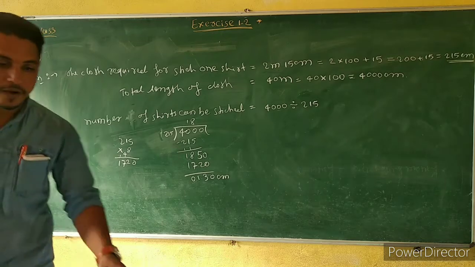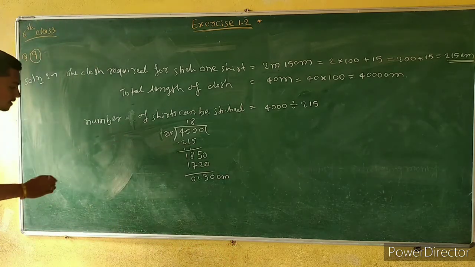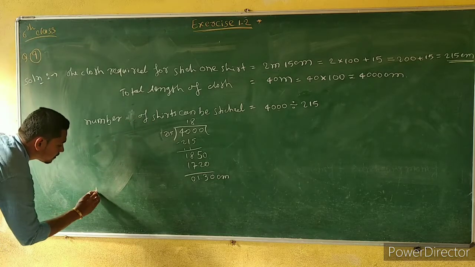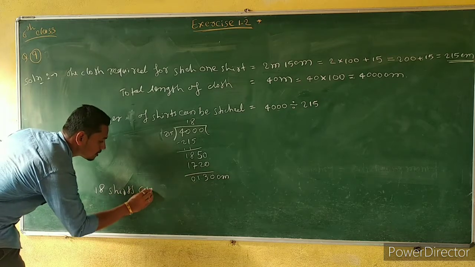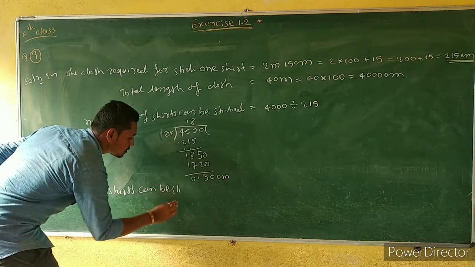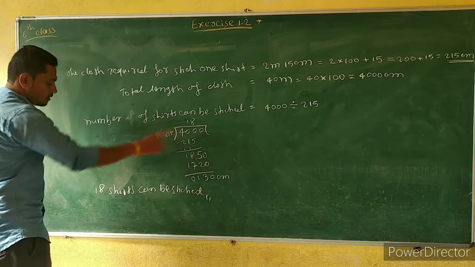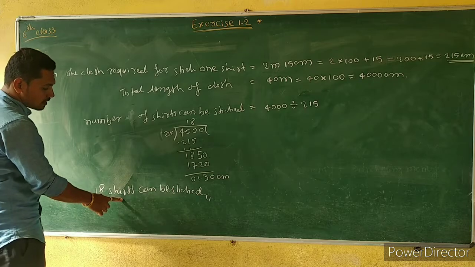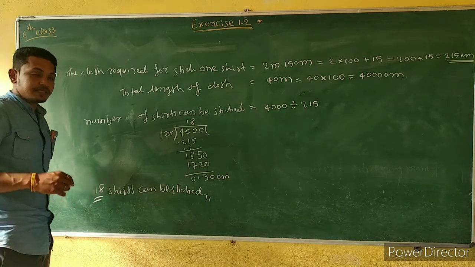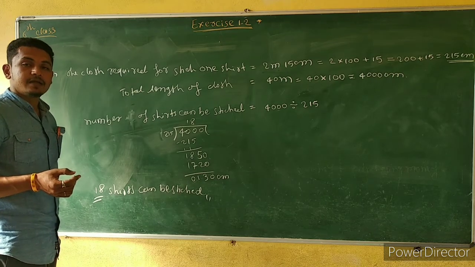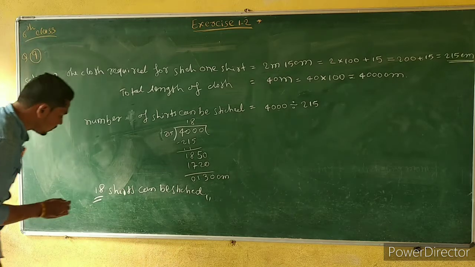Now we have to write the answer. 18 shirts can be stitched. The next question is how much cloth remains.